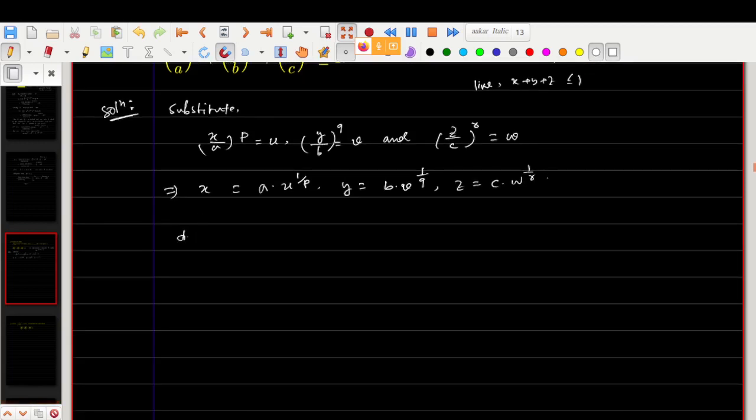And then dx equals a by p times u power 1 by p minus 1 du, dy equals b by q times v power 1 by q minus 1 dv, and dz equals c by r times w power 1 by r minus 1 dw, right?